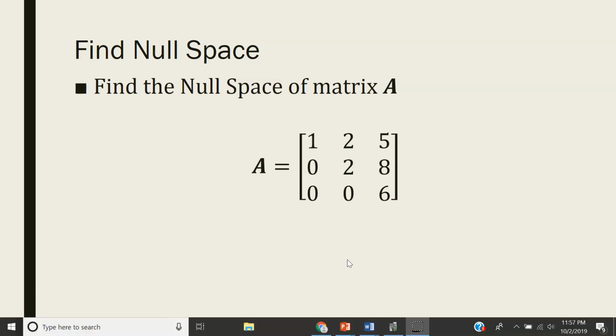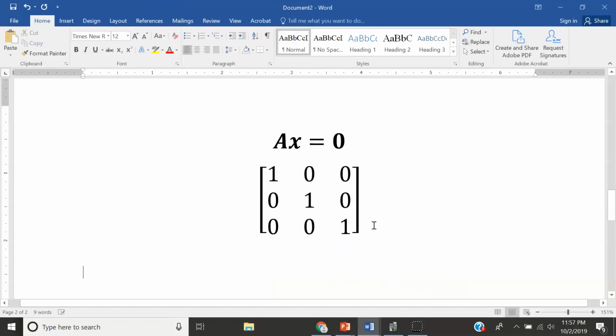Now, the story here is that once you've created the augmented matrix, again, you don't have to write out the column of zeros, but once you've created the coefficient matrix or the augmented matrix and solved it, so we solve this homogeneous equation and we row reduce, this matrix actually row reduces to the identity.